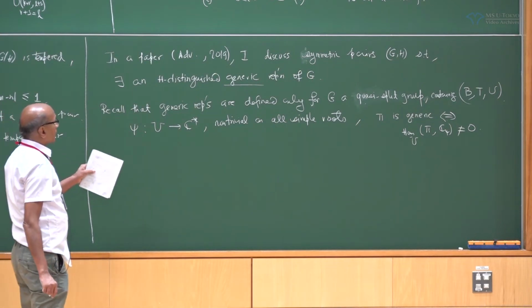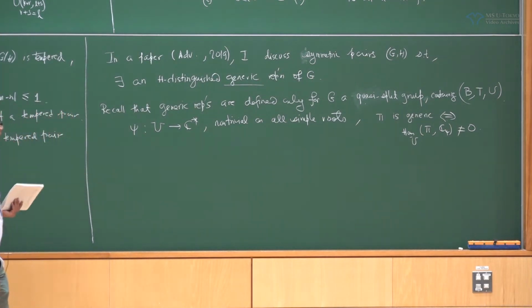So in many ways, generic representations are the most important for the theory of automorphic forms. This work discusses generic representation, discusses distinction of a generic representation.